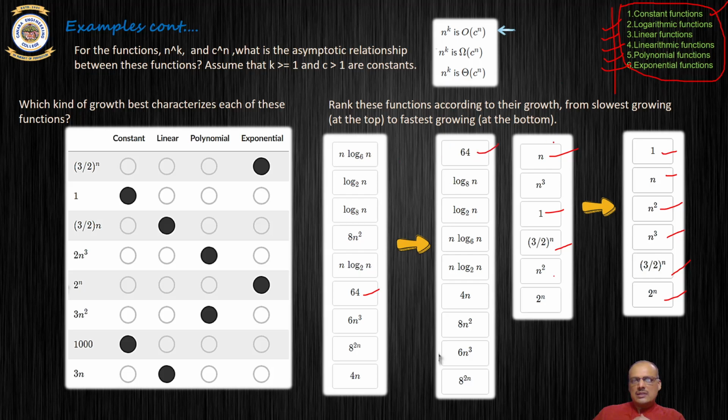This is a constant, then comes the logarithmic: log 8 raised to n, and then log 2 raised to n, which increases faster. Then there is the linear logarithmic n into log n, and then 4 of n, which is a linear function, then n square, n cube, and finally the exponential one.